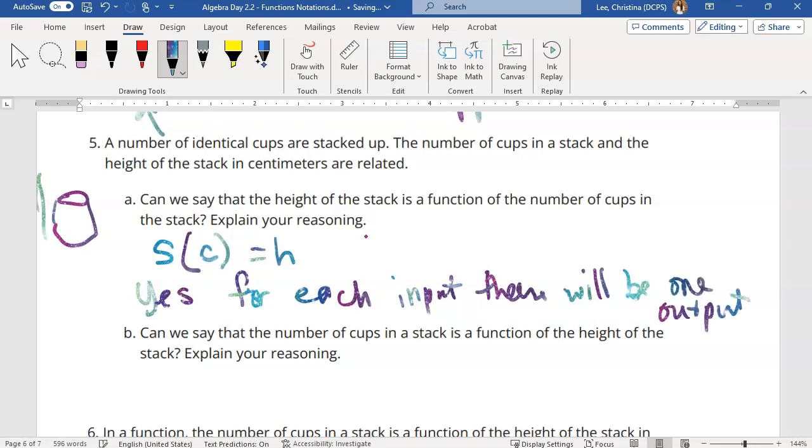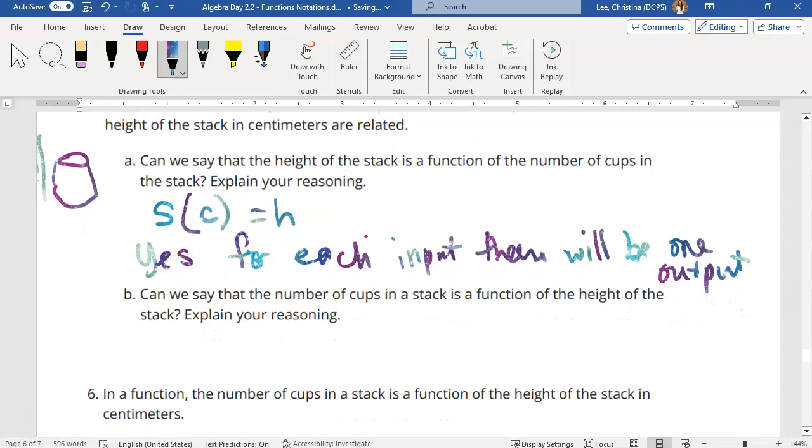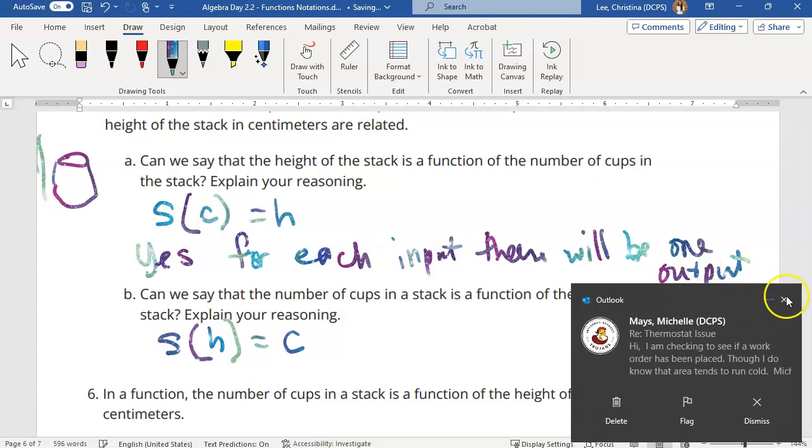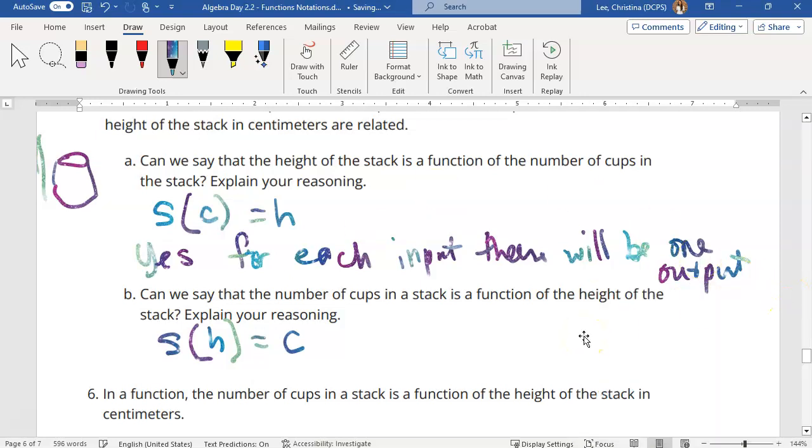Now the other question says, can we say that the number of cups in a stack is a function of the height of the stack? So can we say that S of H equals the number of cups? If we're given a specific height, can that determine the number of cups?